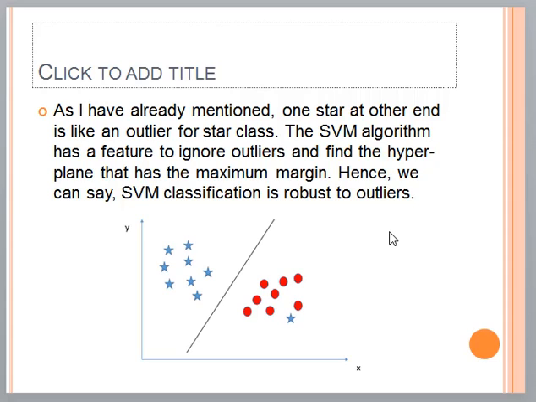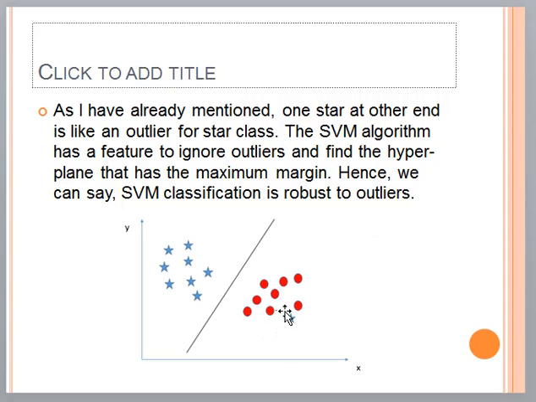Now, as I have already mentioned, one star at the other end is like an outlier for the star class. The SVM algorithm has a feature to ignore outliers and find the hyperplane that has the maximum margin. So the support vector machine algorithm has the capability through which it can ignore the outliers.